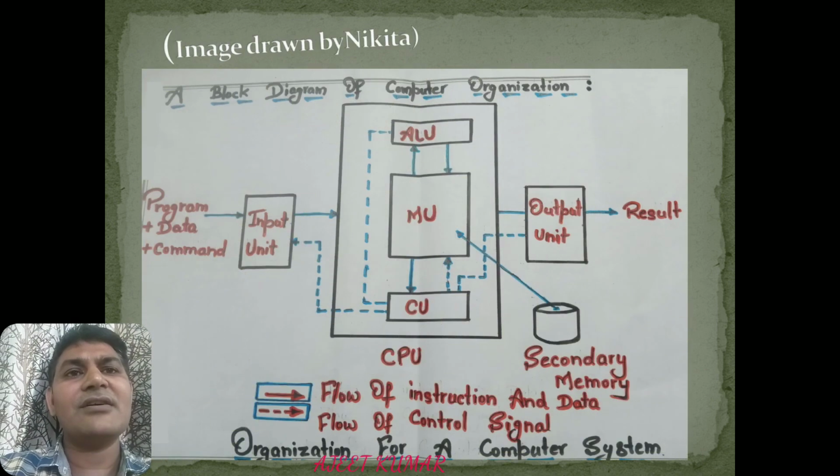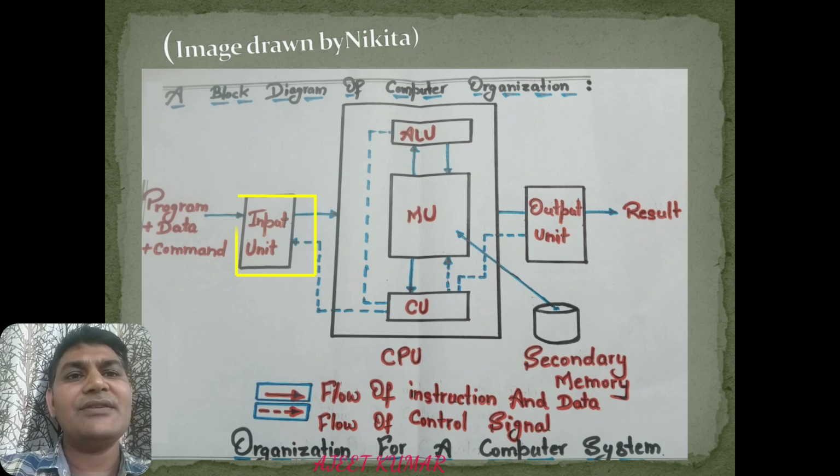Here is a block diagram. This image is drawn by Nikita. A block diagram of computer organization. This diagram consists of three parts. The first part is input unit. Second part is CPU, central processing unit.